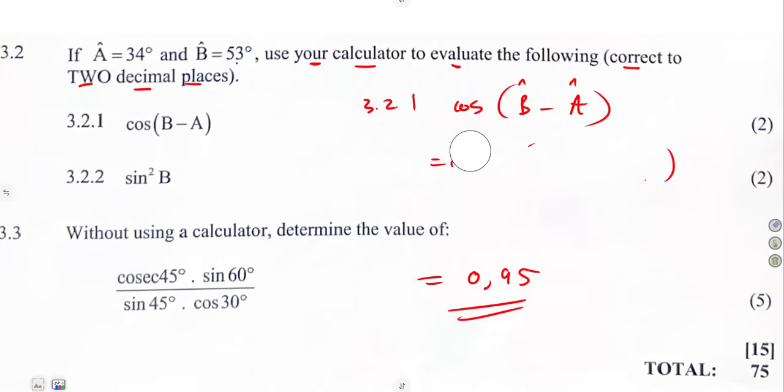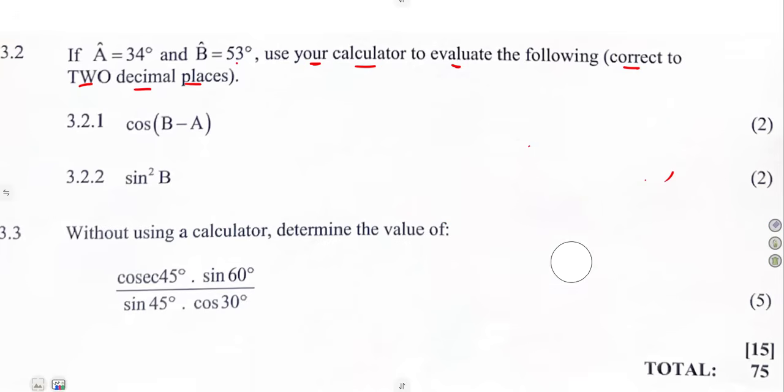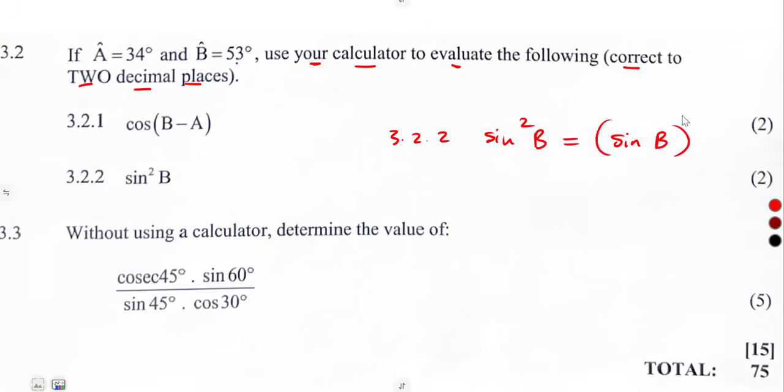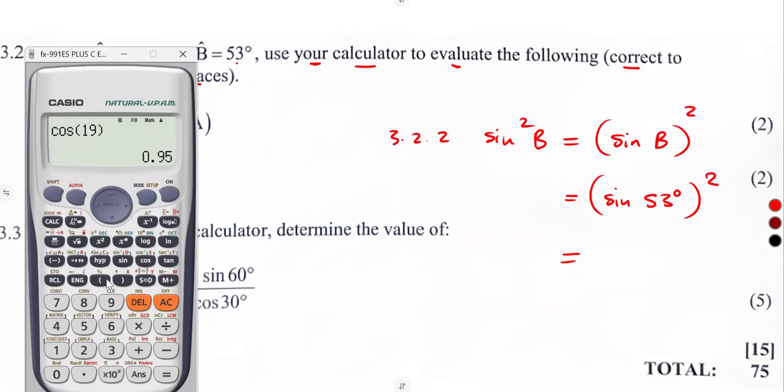Then the second one, it is the sine squared of what? Of B. The sine squared of B is the same as the sine of B squared. The sine of that angle B squared. So that is the sine of angle B, 53 degrees, being squared. So use your calculator, open the bracket, sine of 53 degrees.